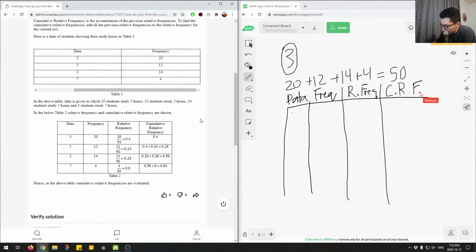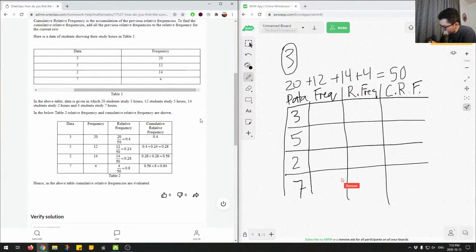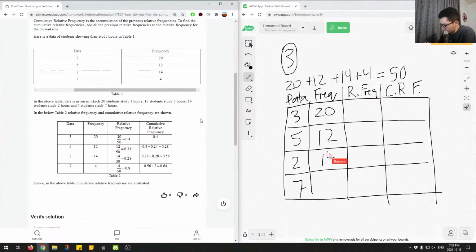We have data 3, 5, 2, 7, and the frequencies 20, 12, 14, and 4.